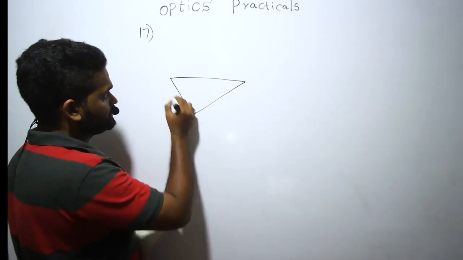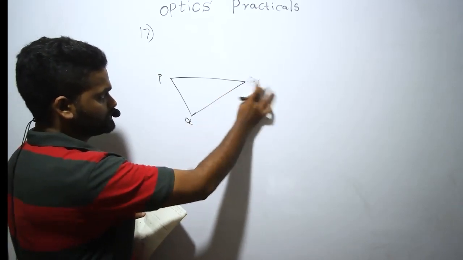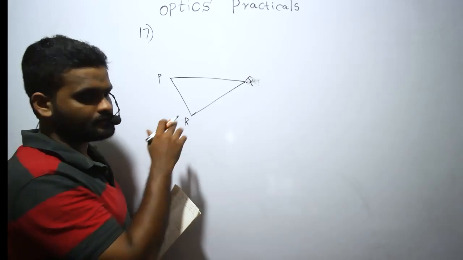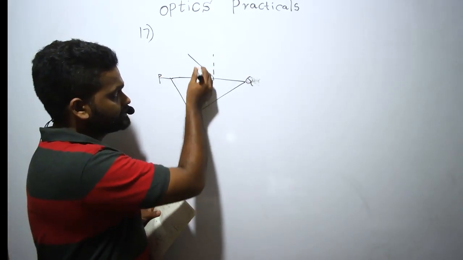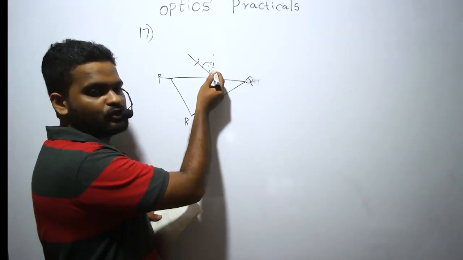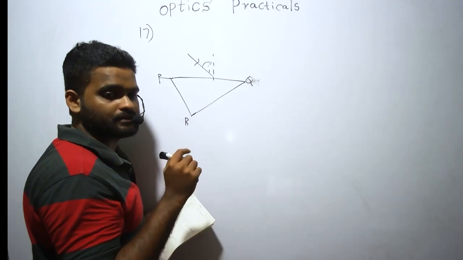So Q is here, right? So this is the prism. Then there's the incident angle like this, right? I. We have already measured the incident angle, but we didn't measure the angle of emergence, right?